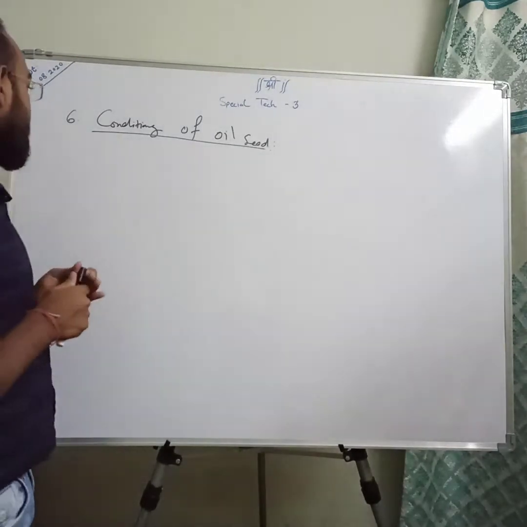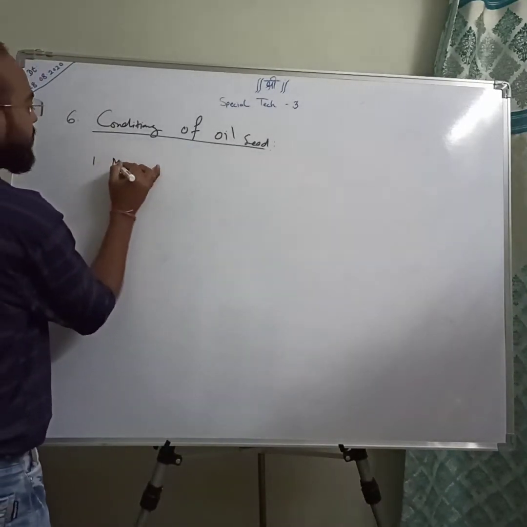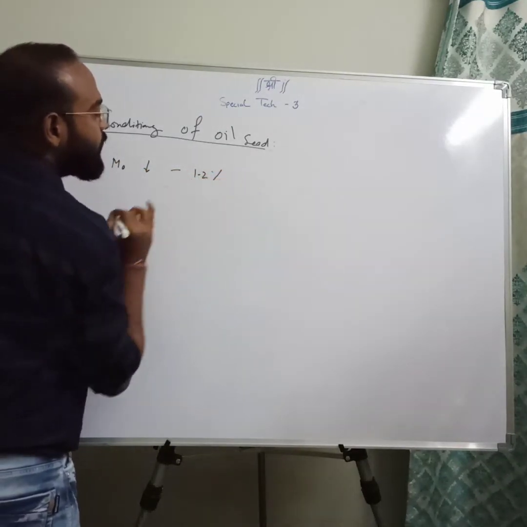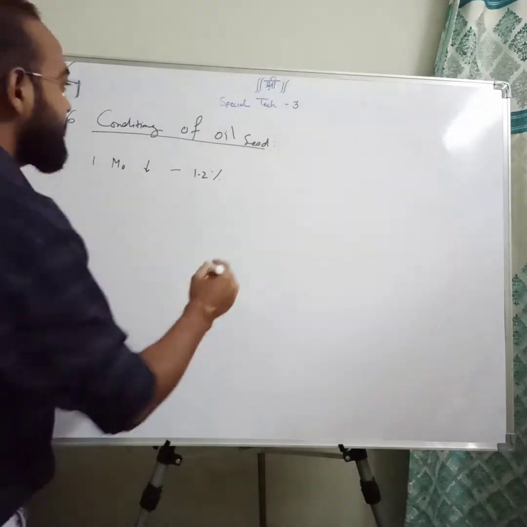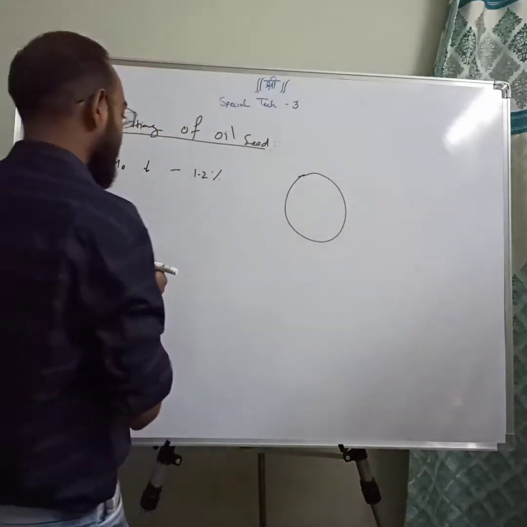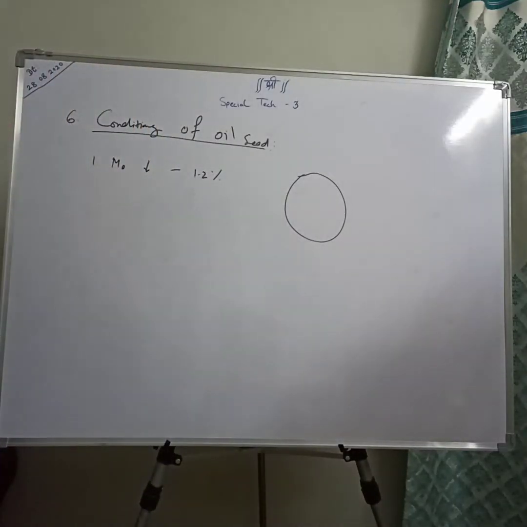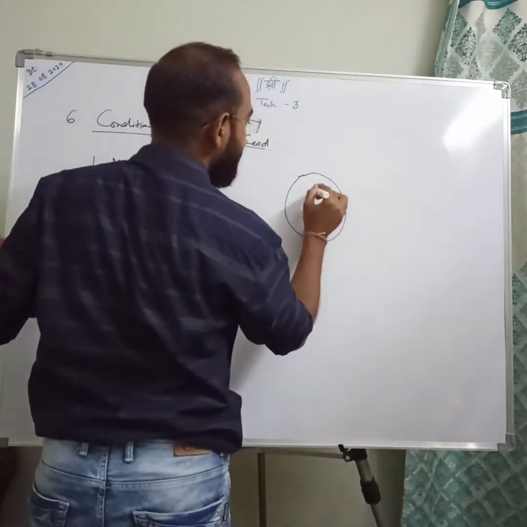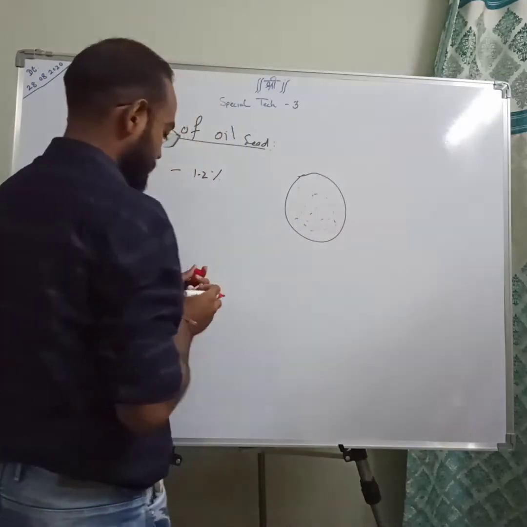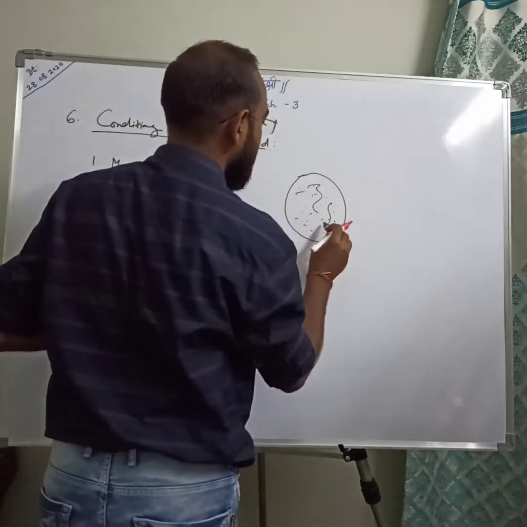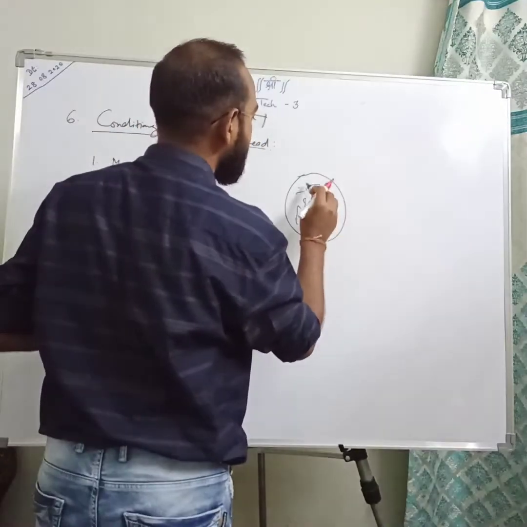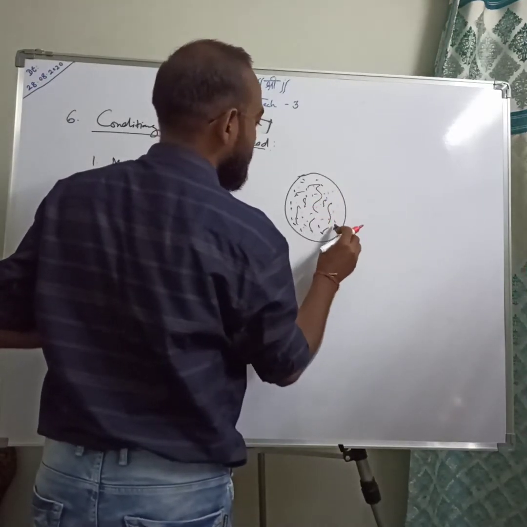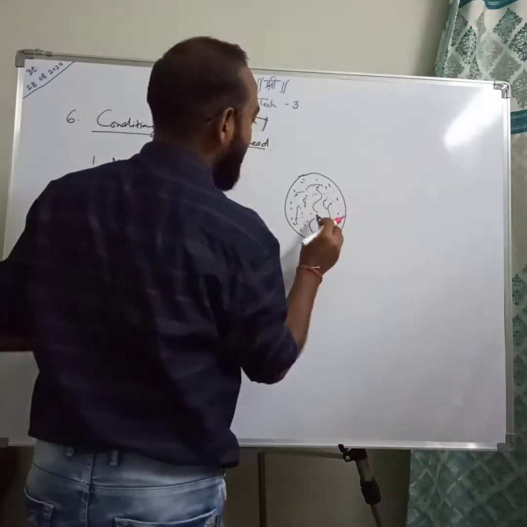In the first stage, or first condition, when moisture content is very low, around only 1 to 2%, then what happens? This is our seed. Oil content is in the form of an emulsion with different soluble and insoluble materials, carbohydrates, proteins, impurities, and a number of byproducts.